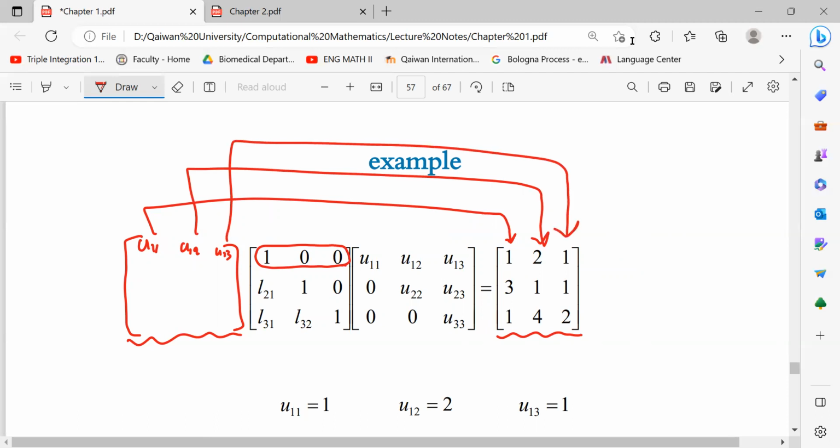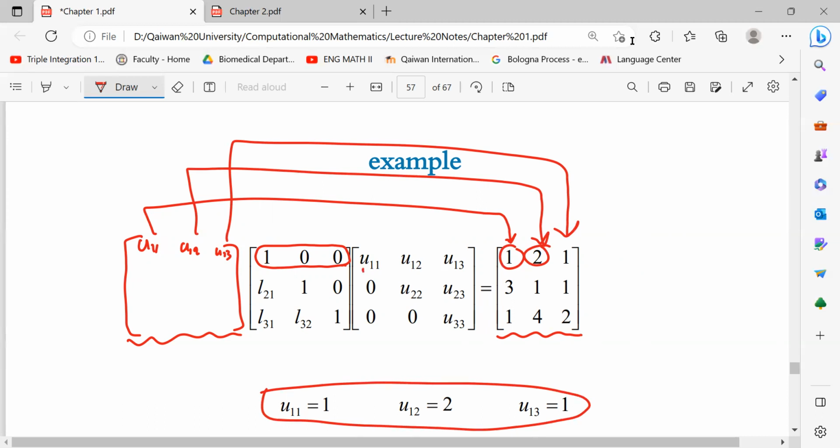The elements with the same position must be equal. So what's U11? It is 1. What's U12? It's 2. What's U13? It's 1. So these are the values of U11, U12, and U13.